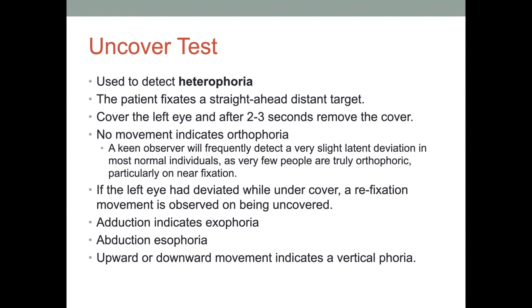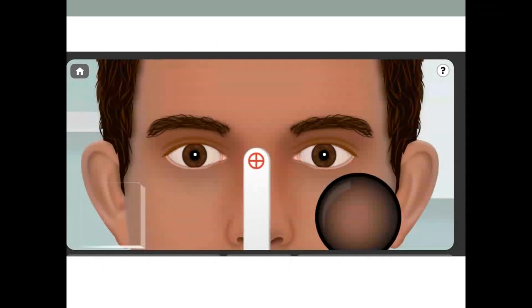If the left eye had moved while it was under the cover, then you'll see a refixation movement while you're removing the cover. An adduction indicates an exophoria, an abduction an esophoria, an upward or downward movement indicates a vertical phoria. So let's look what happens here.